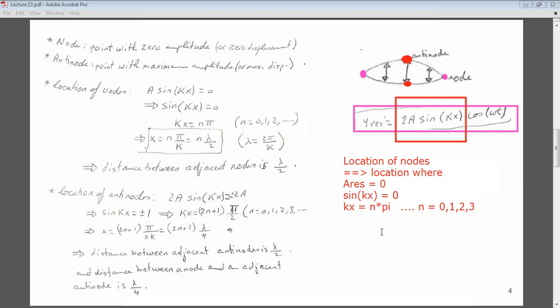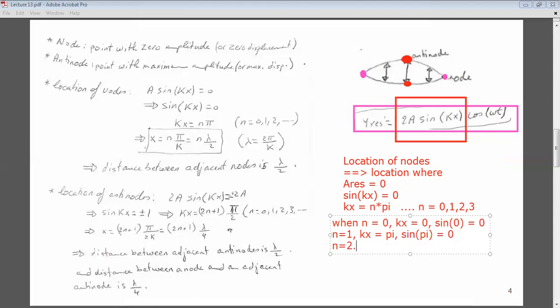So let's put this note over here. When n equals 0, kx equals 0, sine of 0 equals 0. If n equals 1, kx equals pi, sine pi equals 0. So this is correct.